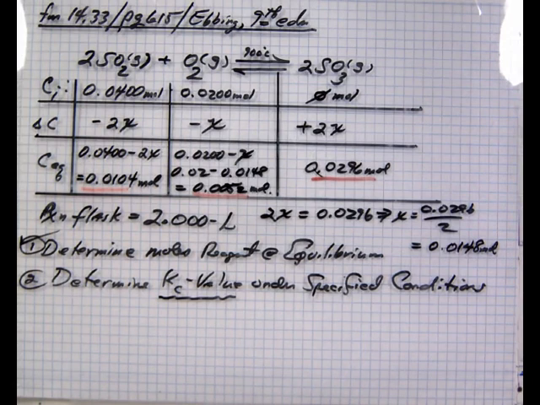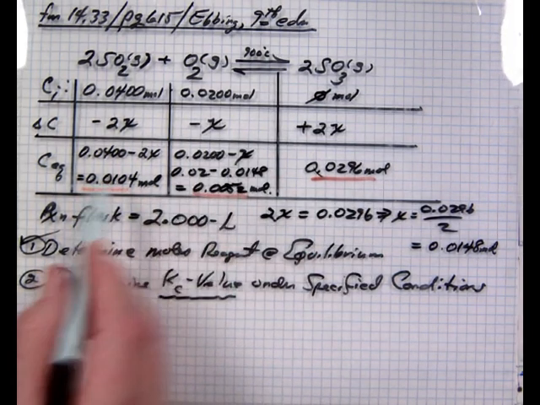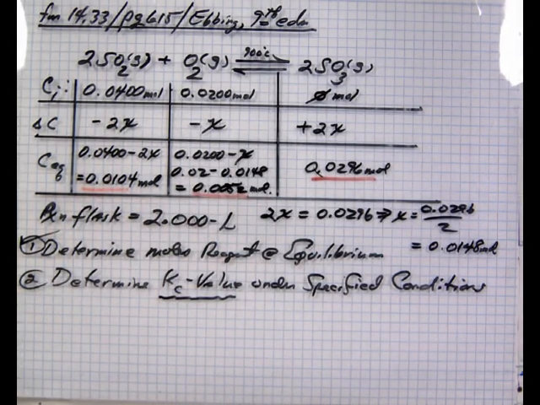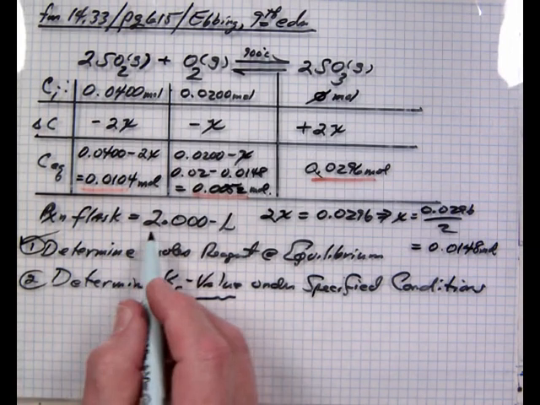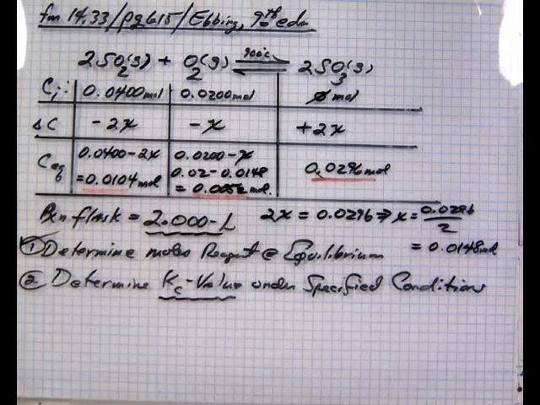The equilibrium constant is always in terms of molar concentrations. So for each of the equilibrium values, they must be converted to molar concentrations. That's why I gave, or had to give, the volume of the reaction flask.